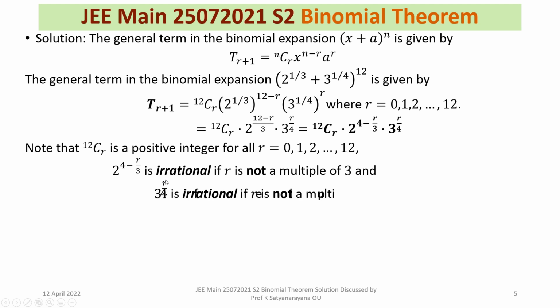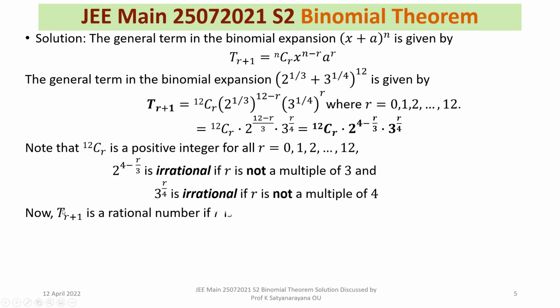3^(r/4) is irrational if r is not a multiple of 4. And these two things will give you rational numbers if r is a multiple of 3 and r is a multiple of 4.